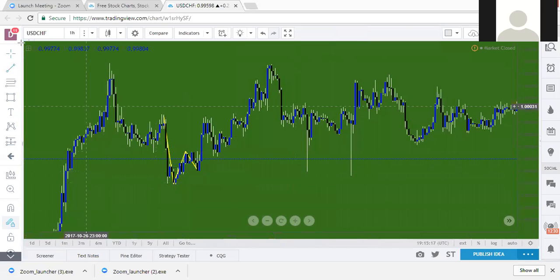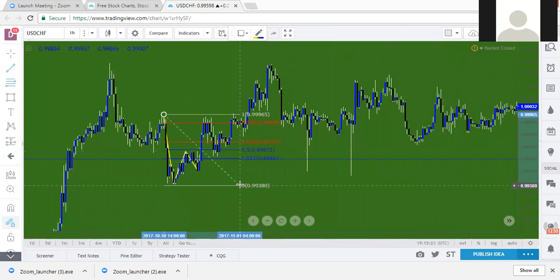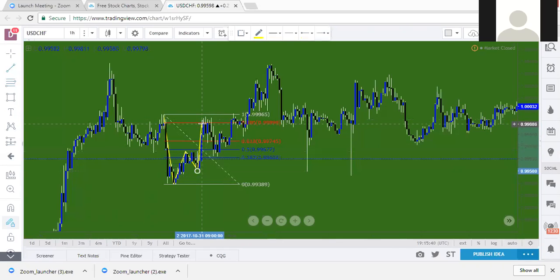Now this is where we're looking for the price to come back up to the 886 of the X to A leg. You can see the wick passed, but price respected the 886, then went down. I think it actually took out our targets, and it wouldn't have been stopped out.